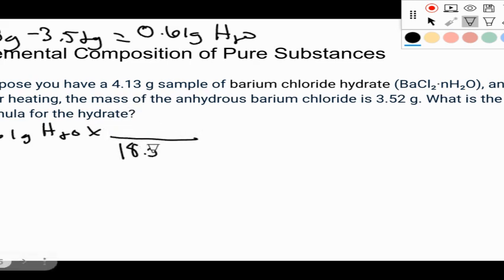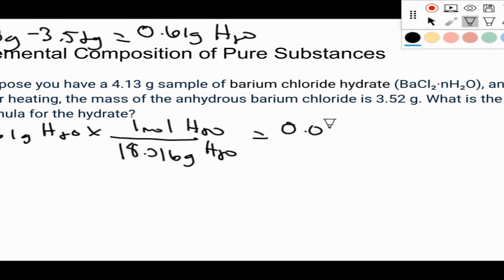So again, we've seen the mass of water a few times now. So 0.61 divided by 18.016 gives me 0.034, because I only need 2 sig figs, moles of H2O. And then I already know my amount of anhydrous, so I just have to do 3.52 grams.